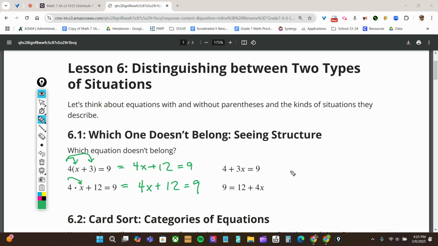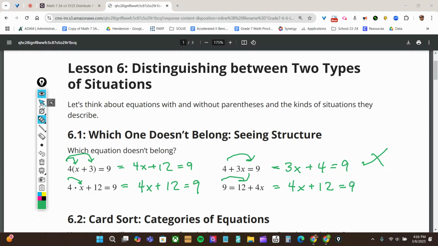This is gonna be 3x plus 4 equals 9. We just switch this stuff up and switch it up again, and we're gonna get 4x plus 12 equals 9. So basically this one right here is the oddball, so that one doesn't belong.